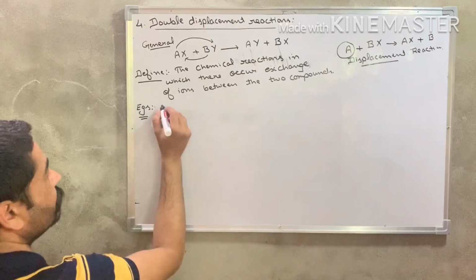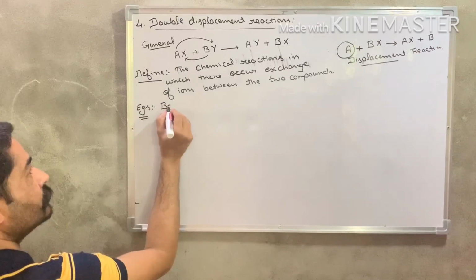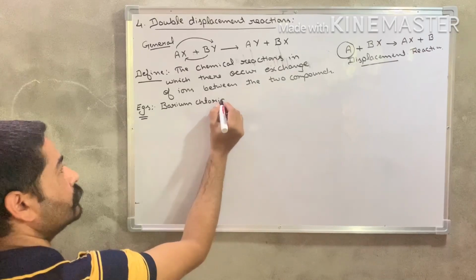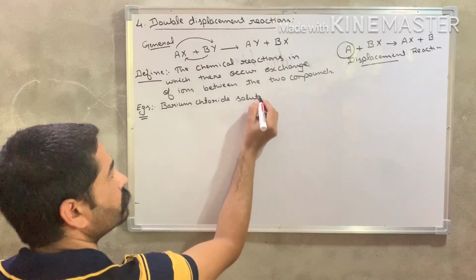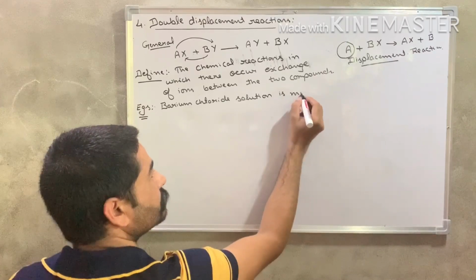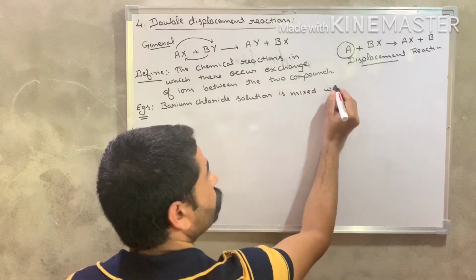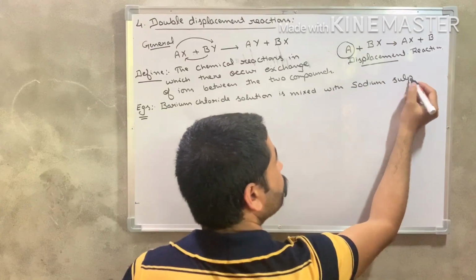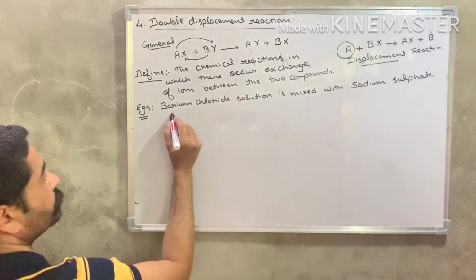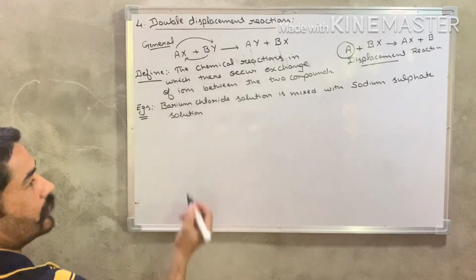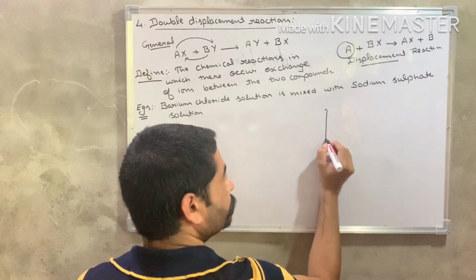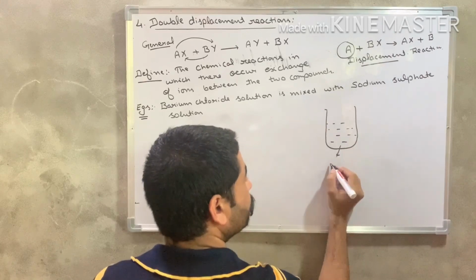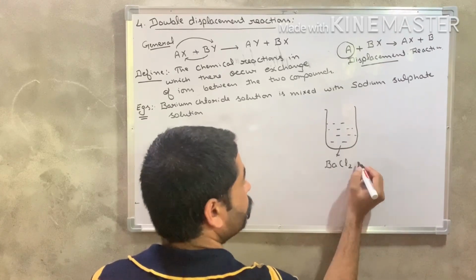One example is when barium chloride solution is mixed with sodium sulfate solution. In one beaker I'll take barium chloride in aqueous form.